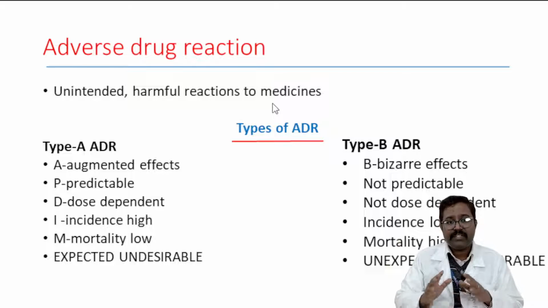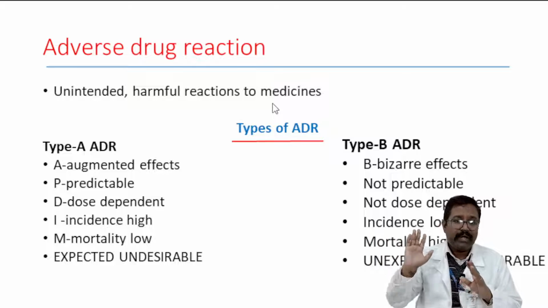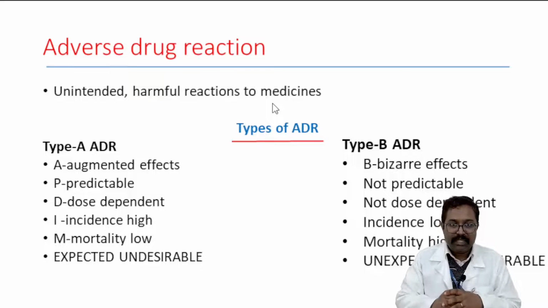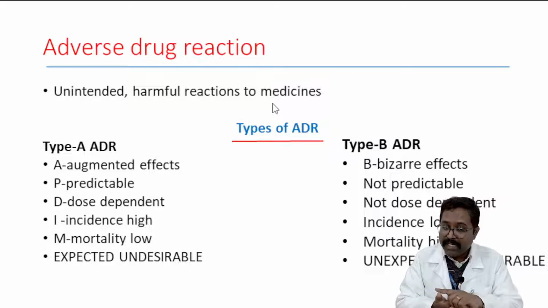The mortality rate is very low, and you can expect these undesirable effects. So type A is augmented, more predictable because it is dose dependent. Incidence is very high, but mortality rate is very low.